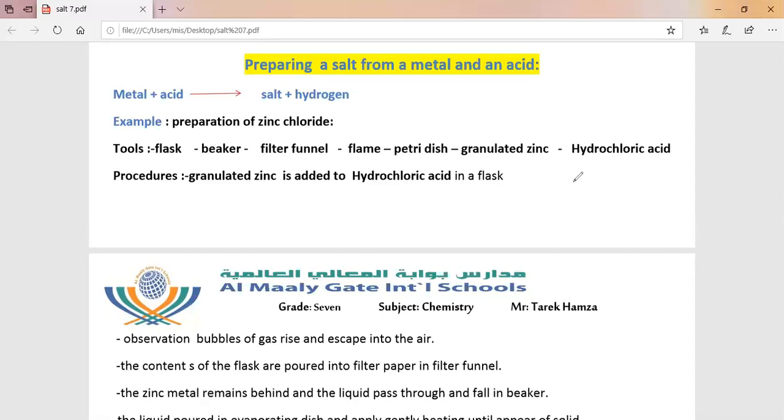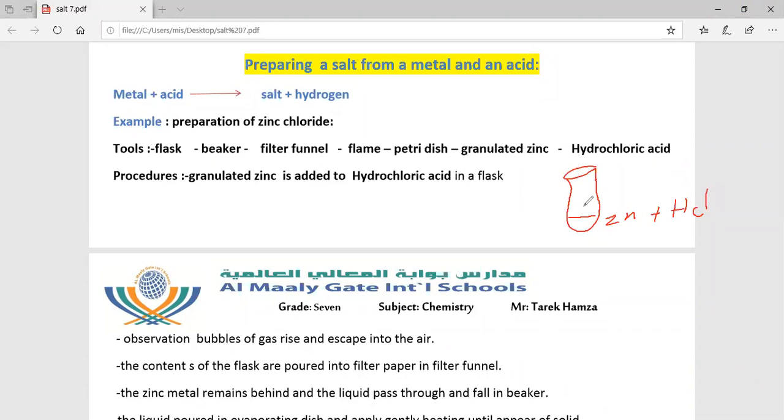The first here is this flask. In this flask, we add an amount of zinc and HCl. Zinc here is in the form of small particles.